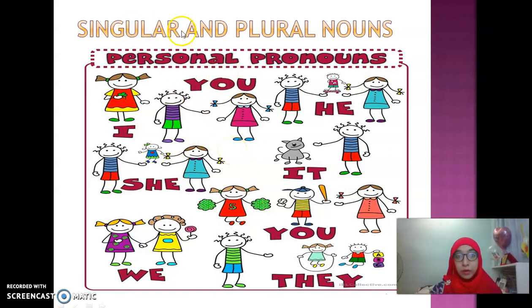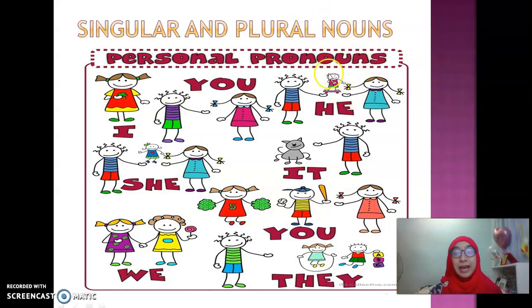So here, let's look at how we're going to use singular and plural nouns with personal pronouns. So I, although it's one, we put it under plural nouns. When we write with it, when we read it, we use plural noun. The same goes with you. Even though I and you is one, we usually use plural nouns together with I and you.